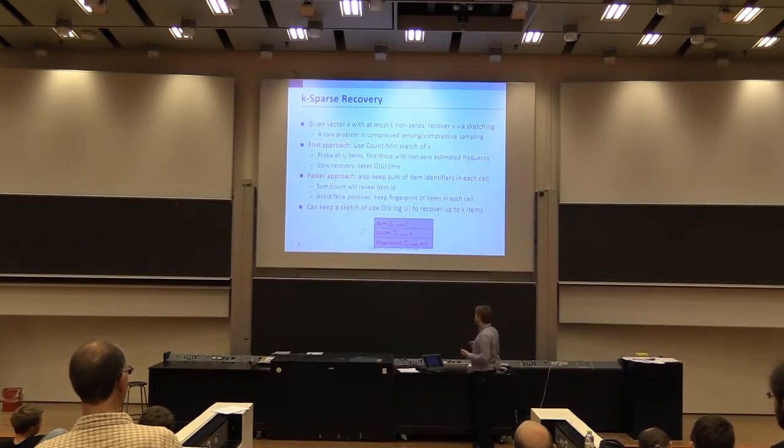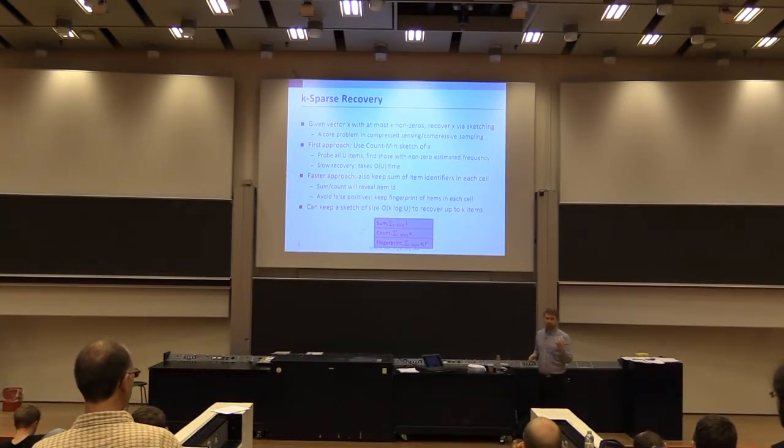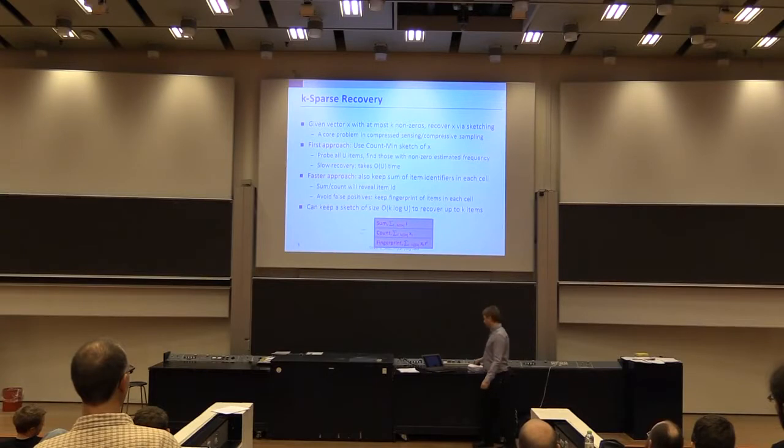And so that you can then try to decode what is in a cell if it's a unique element. So what we'll keep in here is something like the sum of element identifiers that map into the cell, the count or the sum of the weights of elements that map into the cell, and some fingerprint of the vector of elements mapping into the cell.